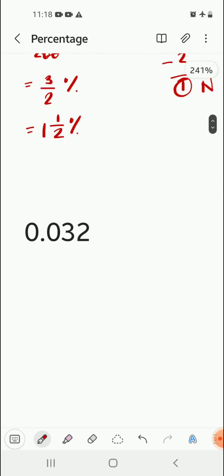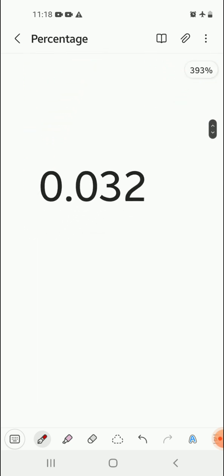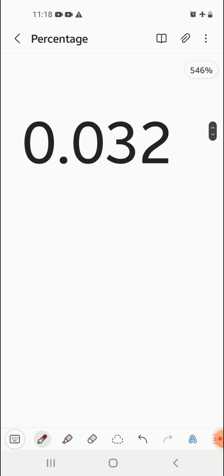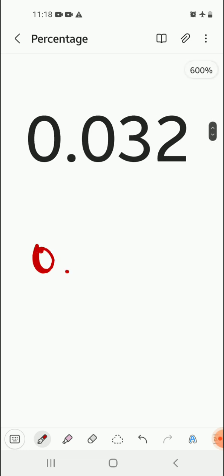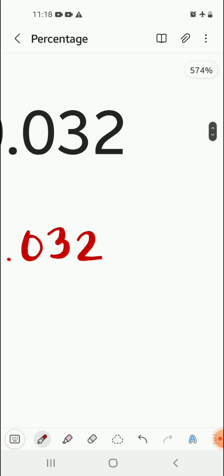Next, 0.032. A decimal is given. You can do it in two ways. First, you can either convert it into a fraction first, and then convert it into its equivalent percentage, or you can do it directly. I'll show you both ways. So 0.032, we have to multiply the number by 100.